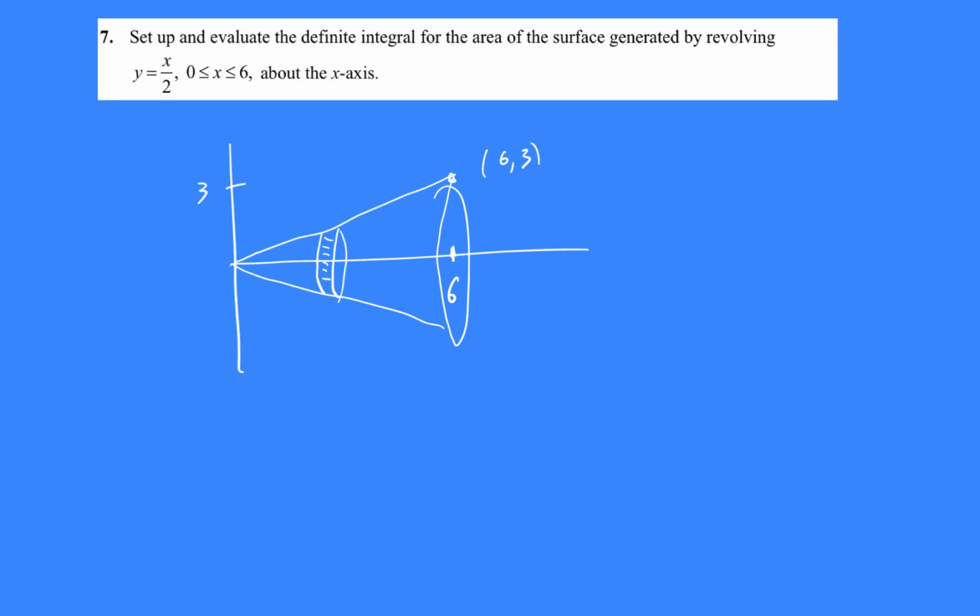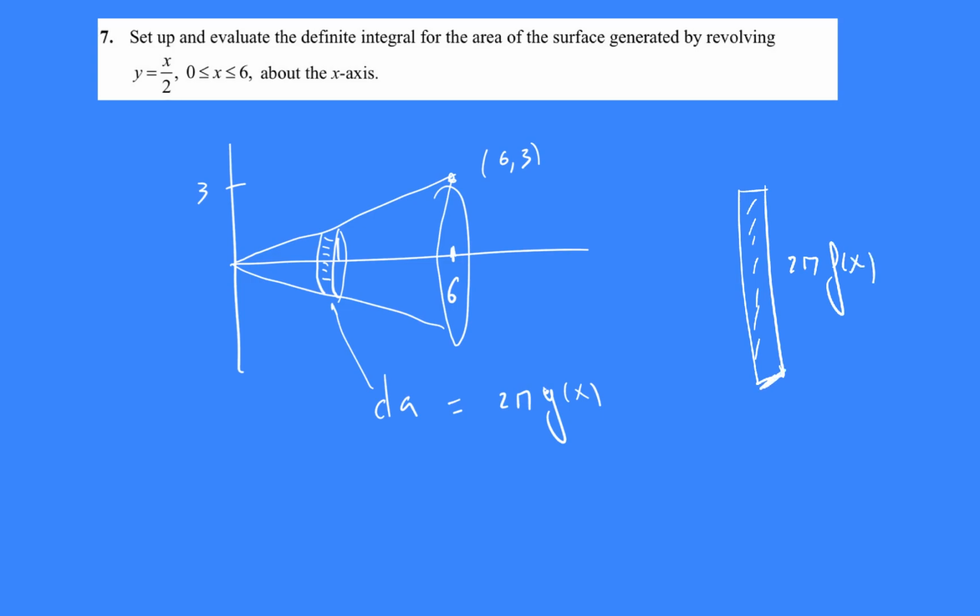As you remember from the beginning of the video, the small area on the ring is 2 pi y of x, 2 pi times the radius, which is y of x. The area of the ring is 2 pi f of x times the size dS, and dS we know what it is.